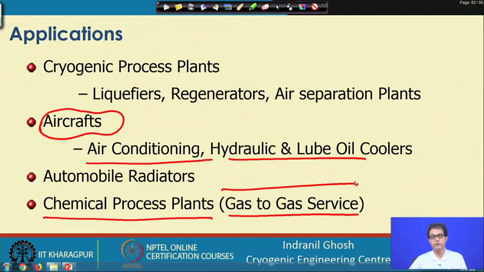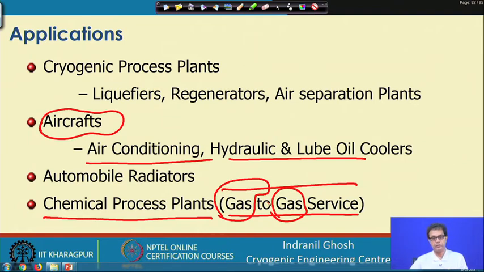We will find it is not possible to get it cleaned. So, cleanliness of the process fluid streams is one of the primary requirements for this kind of heat exchanger, and in chemical process plants, particularly gas to gas service where it is mostly clean, you will find that brazed aluminum plate fin type heat exchangers are frequently in use.